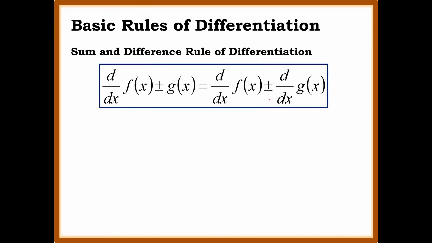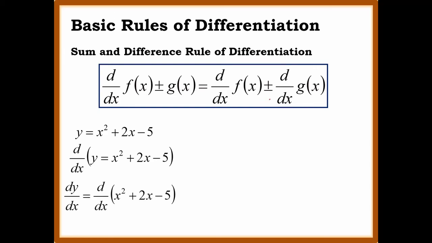For example, para mas magets natin, we have y is equal to x squared plus 2x minus 5. Applying the derivative operator to both sides. Then, dy over dx, this is already good. d over dx. And then, ito yung buong terms sa right side. Okay?